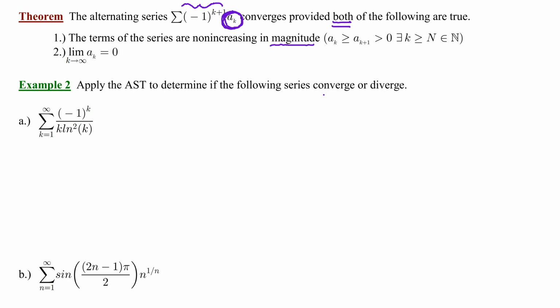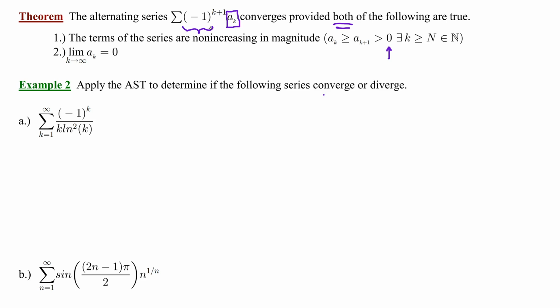What this looks like technically is that a sub k is greater than or equal to a sub k+1. So the term that comes first is going to be either bigger than or the same as the term that comes next. Both of these are positive terms, so we have greater than 0 here, because remember, I'm just examining the substance, I'm ignoring the sign alternation factor.